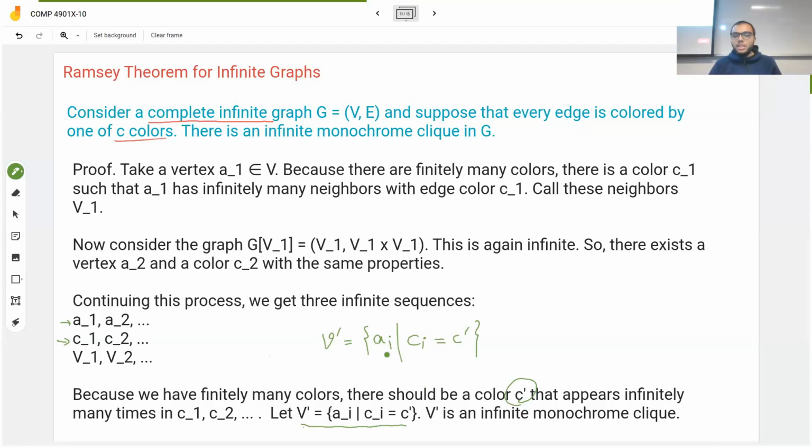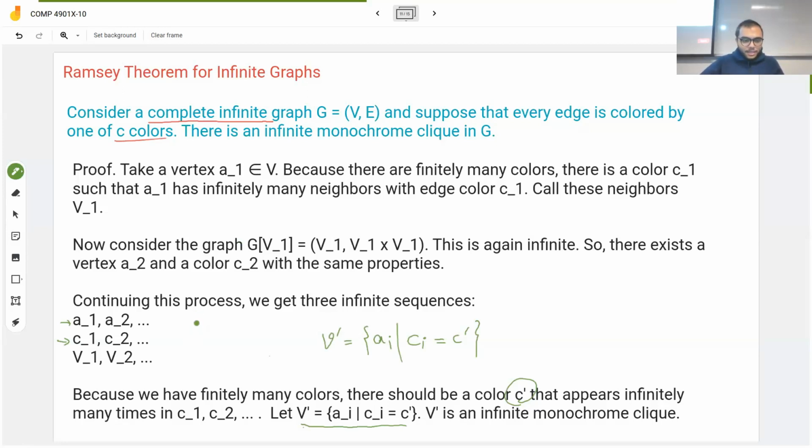And so I have infinitely many AIs in V prime. So it's infinite. Of course, it's a clique because every induced subgraph is a clique because my original graph was the complete graph. I have to prove that all the edges are monochrome. I actually claim that all of the edges that go between two vertices of V prime are of the color C prime. Now, why is that?